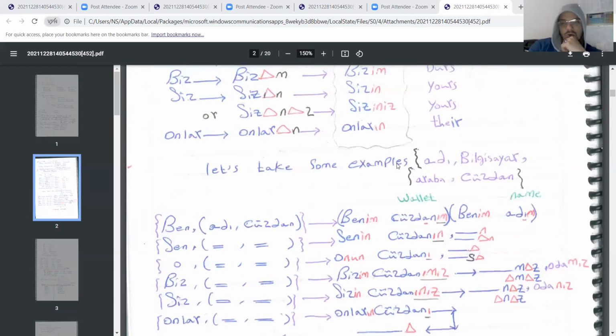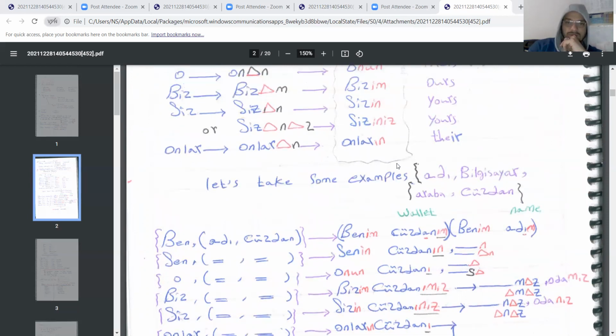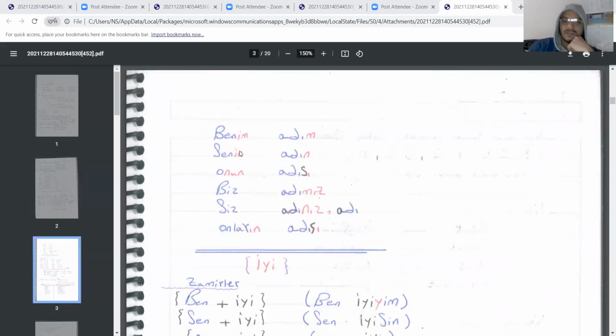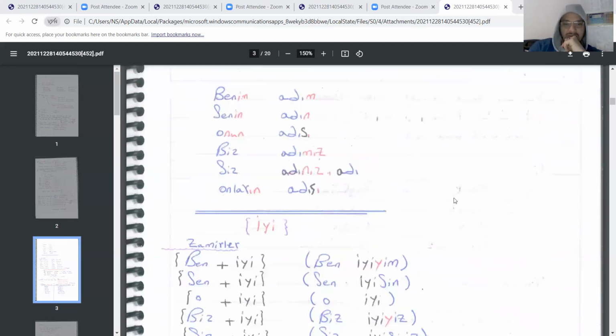It's important because we will use it in the next part, and the exercise book. Now, let's repeat that. Benim adım, my name. Senin adın, your name. His or her name, our name, and your names, their names.